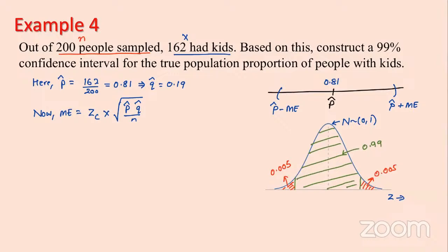If you add these three numbers now, it will be exactly equal to 1, because the total area under the normal curve is always 1. Now this value that goes along the x-axis, let me show you by the dot, that is Z critical. And we want to find the Z critical because once we know Z critical, we can plug it in here and find that margin of error.